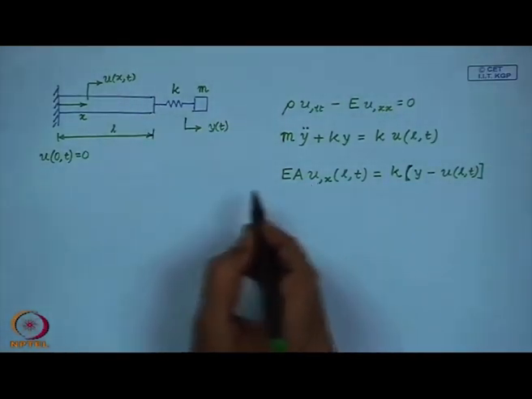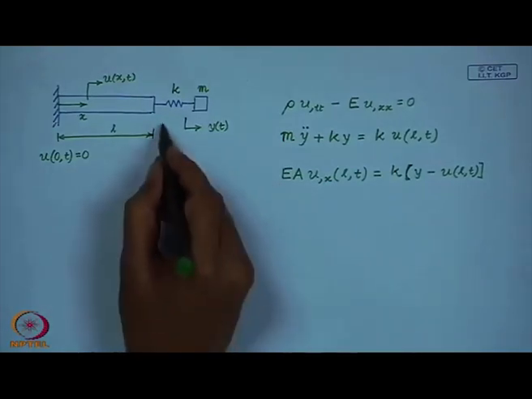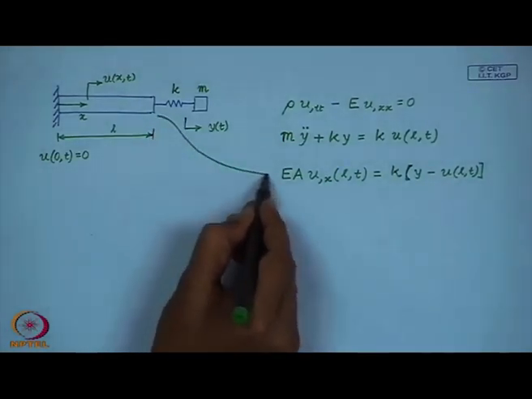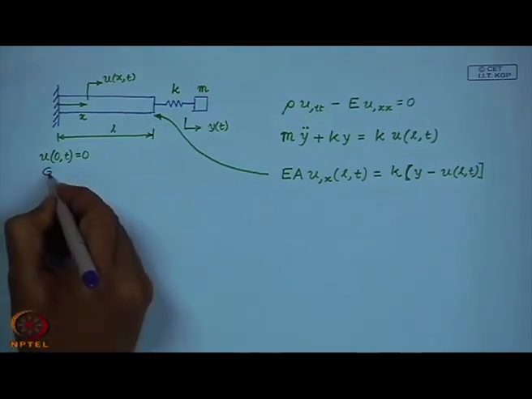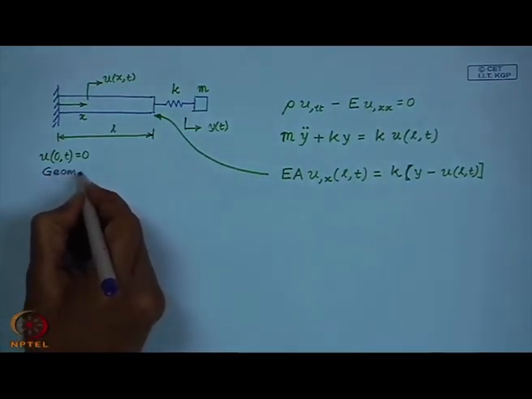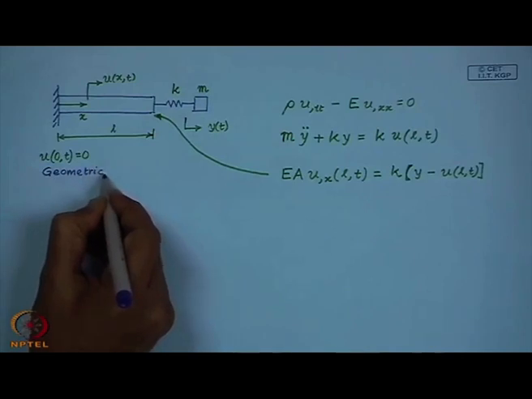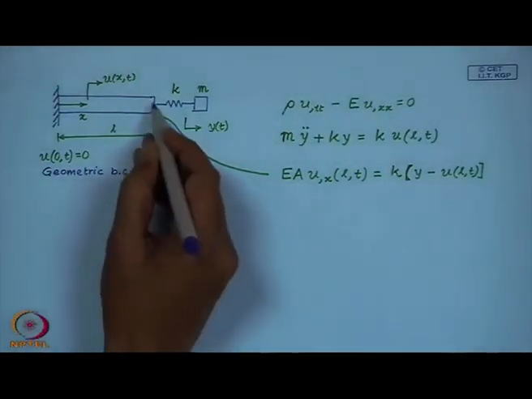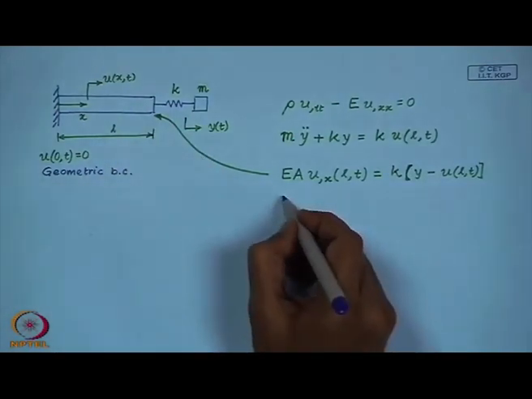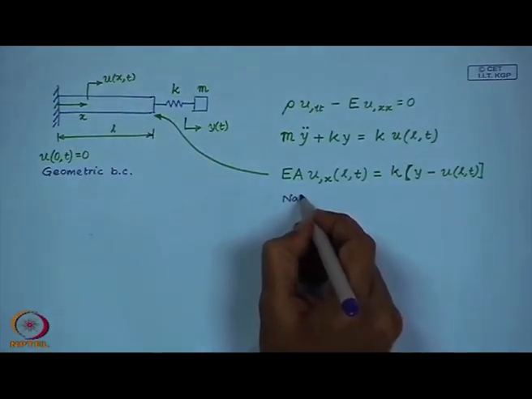So, this is the boundary condition at this end of the bar. So, here we have a geometric boundary condition, whereas on the right end we have a natural boundary condition.